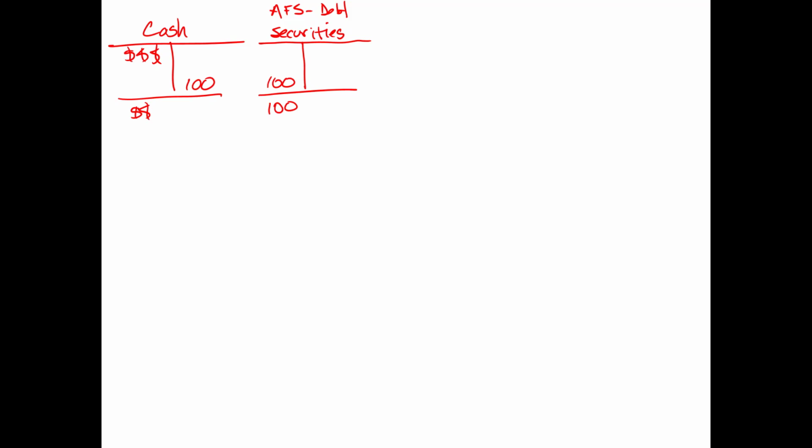Why do you buy bonds? Well, you buy bonds because they are pretty safe investments. You're going to get your $100,000 back, but you're also going to get some net income too. So when you look at the income statement, you're going to see, if anything, some type of interest revenue or interest income account from debt securities.